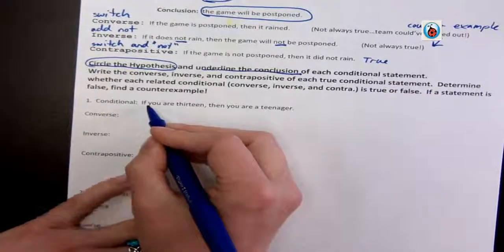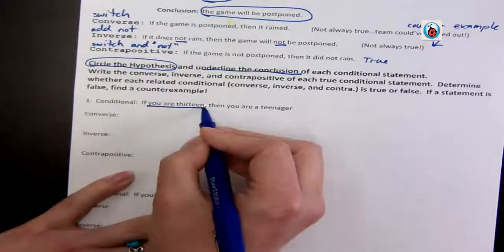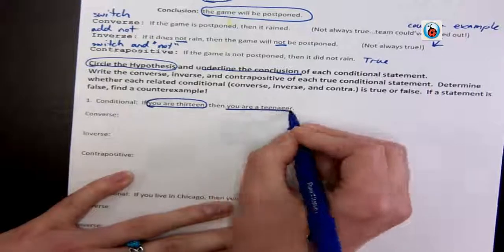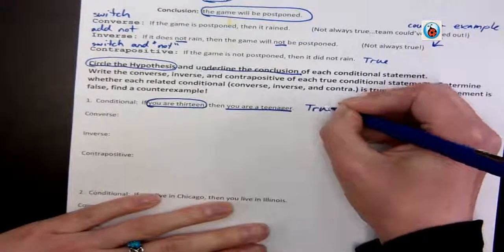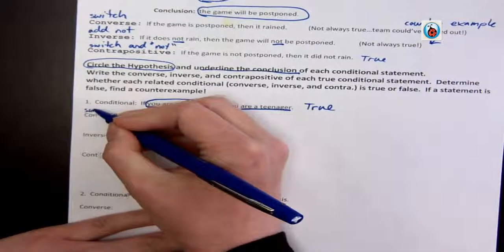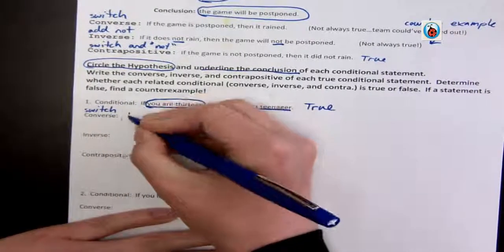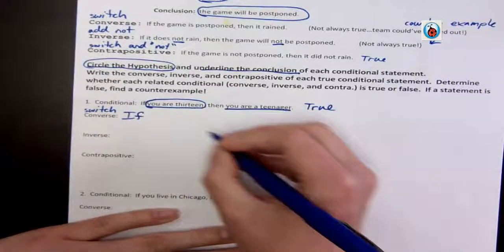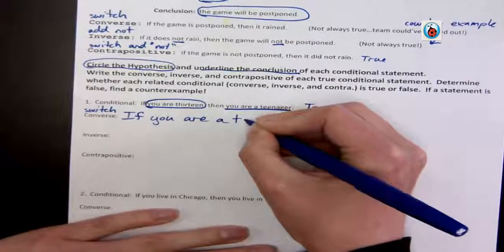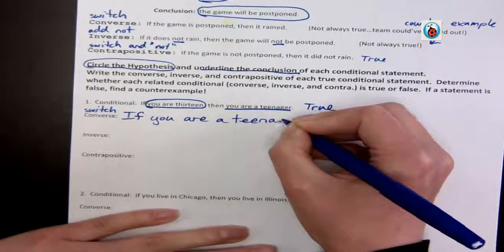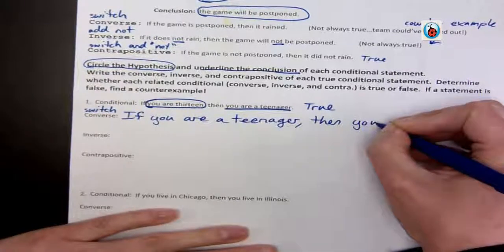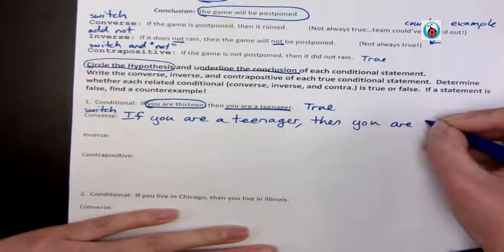It says circle the hypothesis, underline the conclusion, and then we're going to go through and write all the statements. So if you are 13, so you are 13 would be our hypothesis, then you are a teenager. That's true. A 13-year-old is a teenager. So converse is where we switch. If you are a teenager, then you are 13.